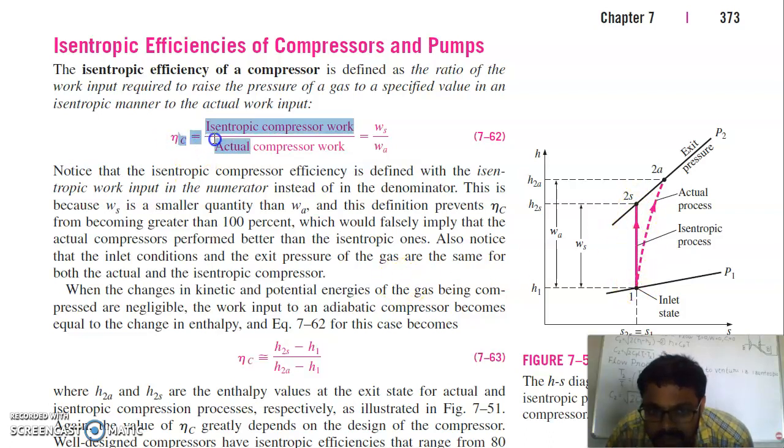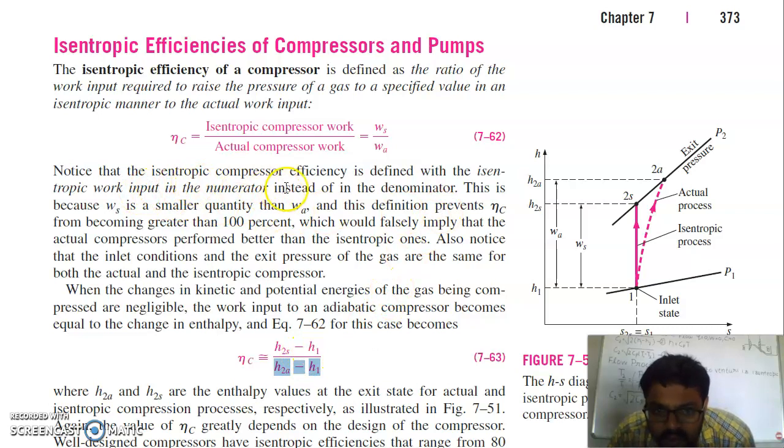And the efficiency of compressor can be defined as H2s minus H1 divided by H2a minus H1. It is defined as the actual work required to the ideal work. So this is the ideal work, isentropic work here, and this is the actual work, because actual work in case of compressor is more required as compared to the ideal work.